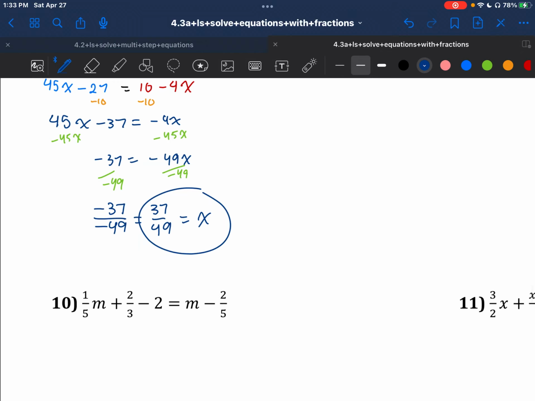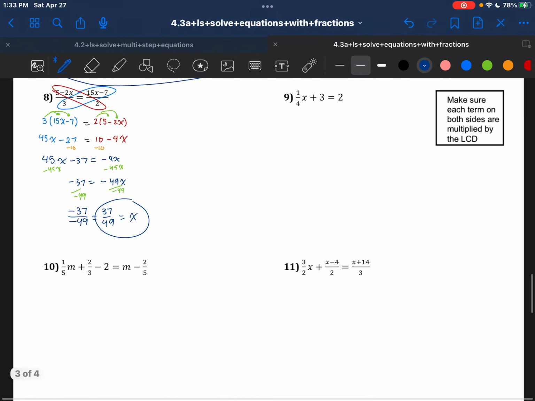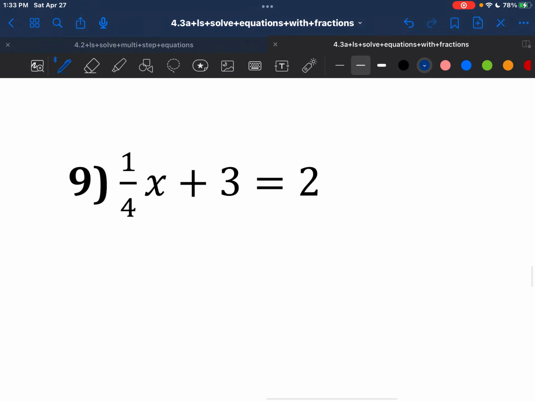Pretty cool. So now, this equation, we can do just the same as before. This is still a pretty easy one. So we're just going to multiply by 4 here. We want to make sure the terms on both sides are multiplied by the lowest common denominator.